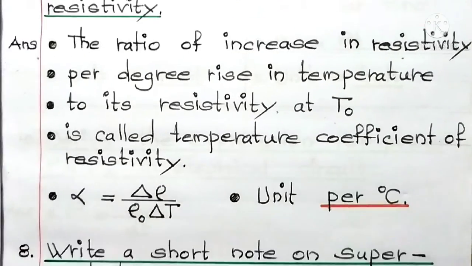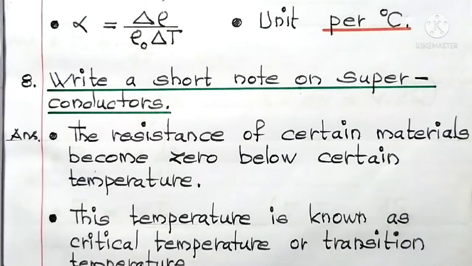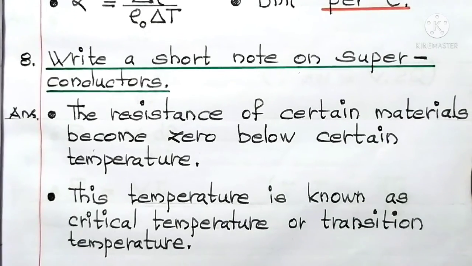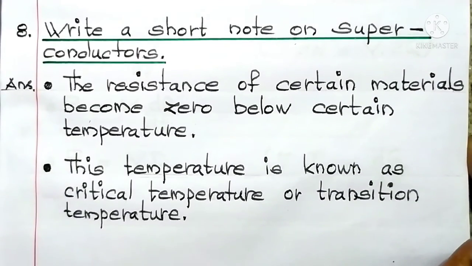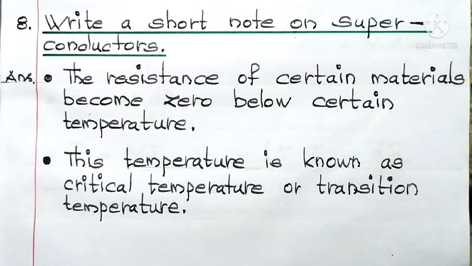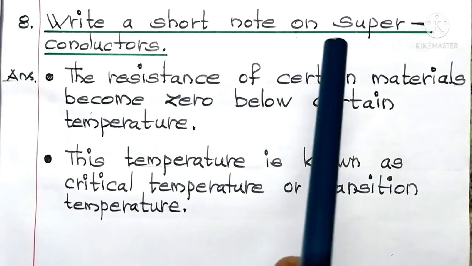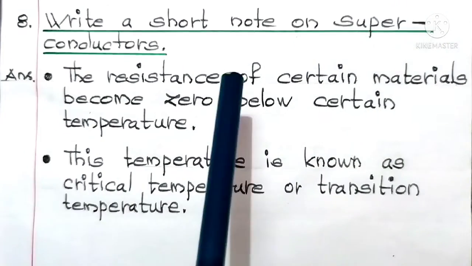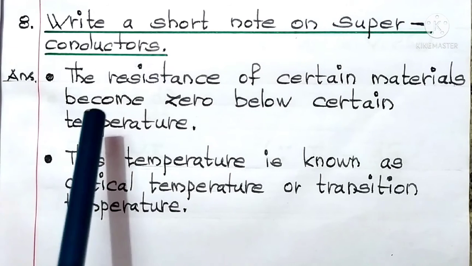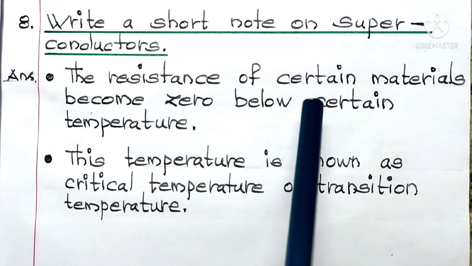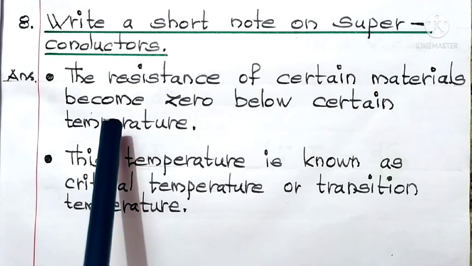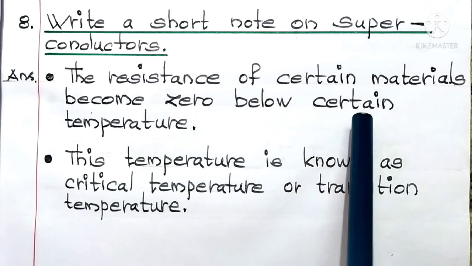Next question. Question number 8. Write a short note on superconductors. Answer: the resistance of certain materials becomes zero below a certain temperature.